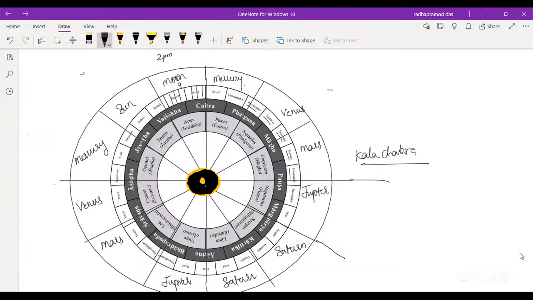So now if your moon is, say, here at this position, then it is Aries, but the star is Kritika. So Aries and Kritika Nakshatra. That will be your position. So that is how they calculate based on this position.